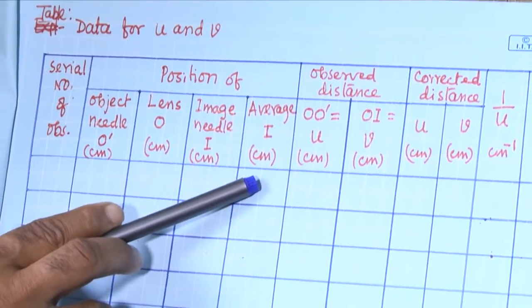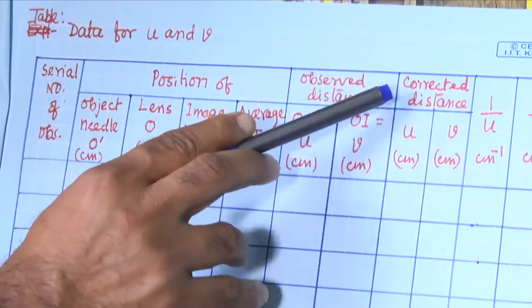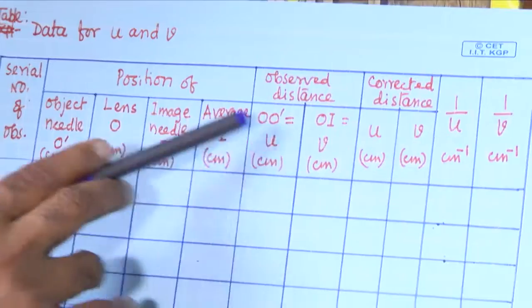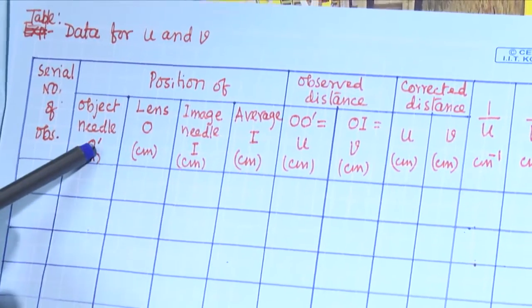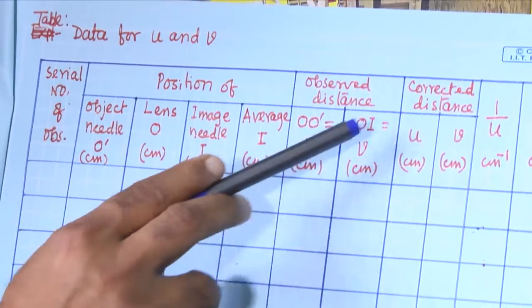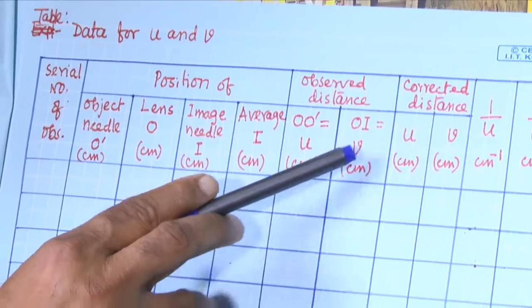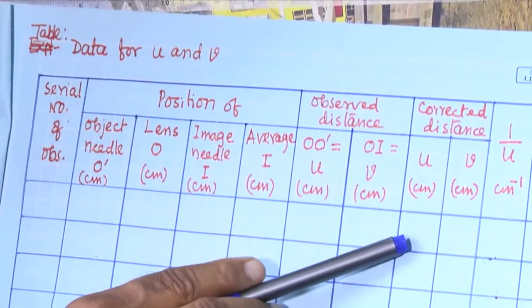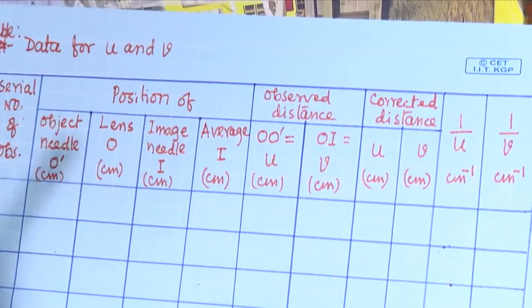Okay. So, now observed distance is basically u and v, O dash, O dash and OI. Okay. That is v.